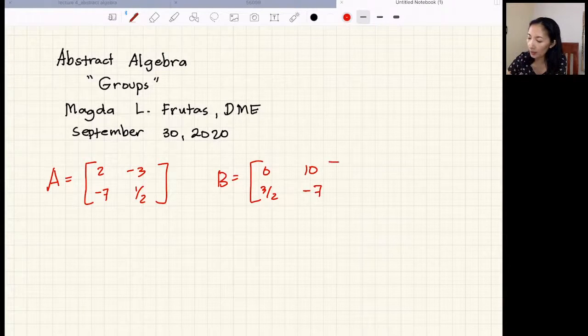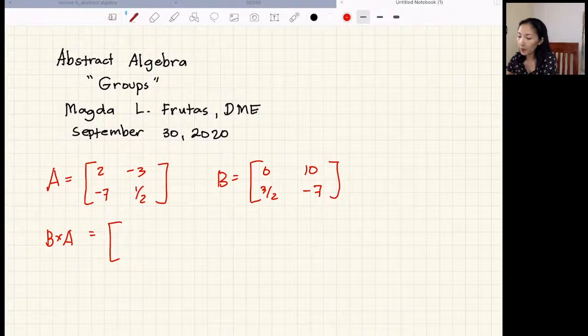Let's take the product. We already have A times B, so let's look into B times A and compare whether it will be equal to A times B. So B times A, we start from here.